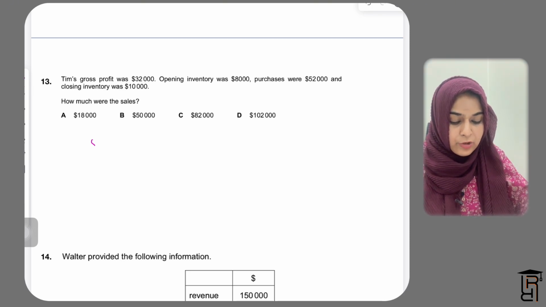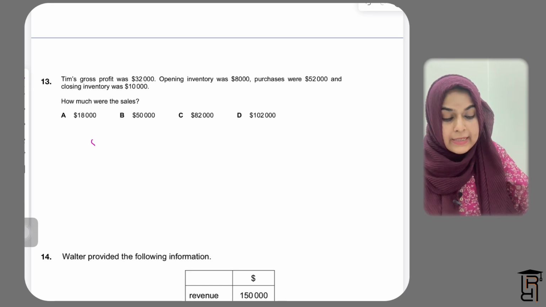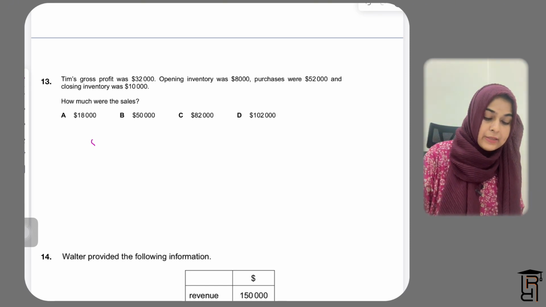Now I know revenue minus cost of sales is my gross profit. Gross profit in this case was 32,000, cost of sales is 50,000, and revenue I don't know. Revenue is X, so X is equal to 82,000, which is my sales in this case. So the answer will be C.